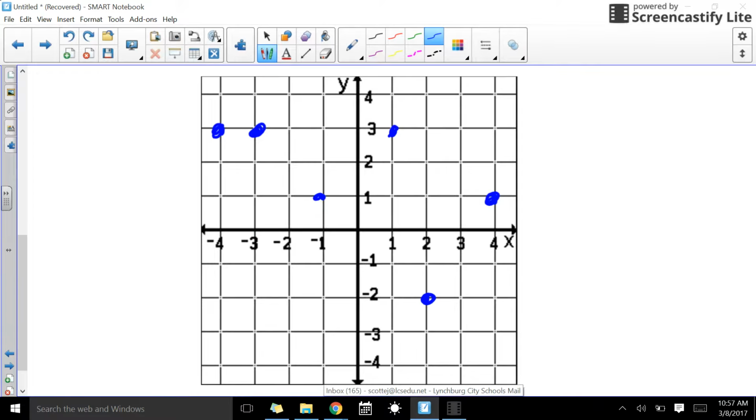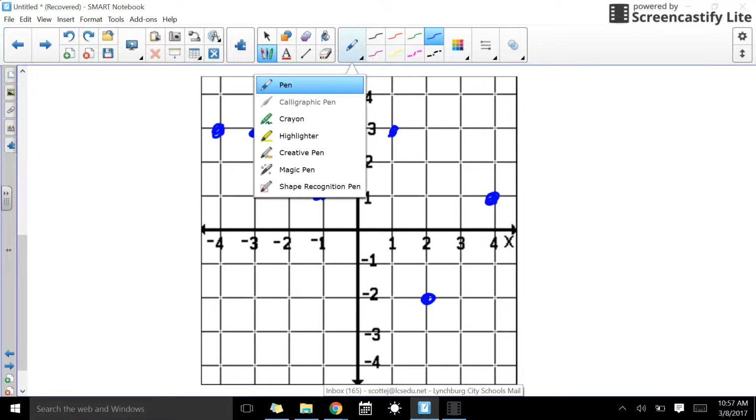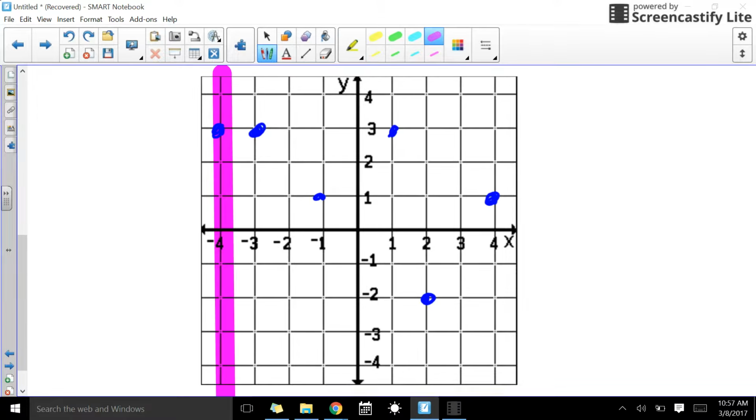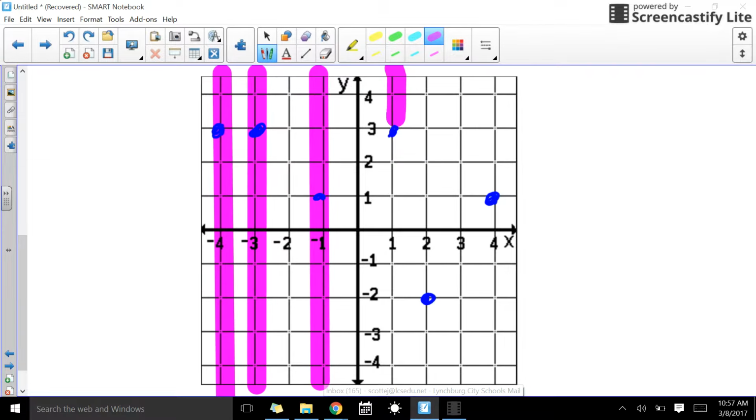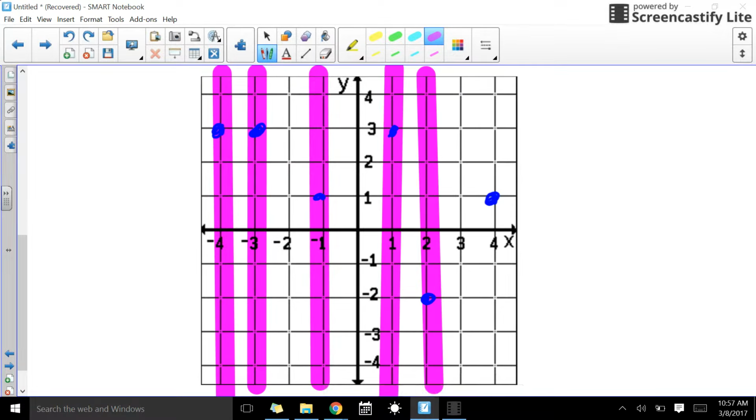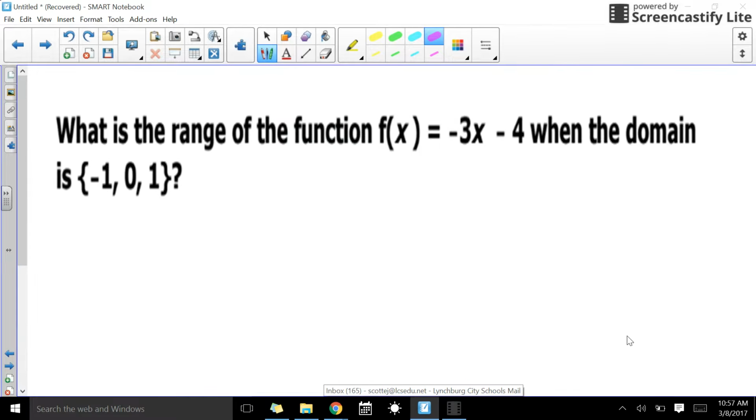Is this a function? Yes, because here, if I look, this only has one x value, this has one x value, that only has one x value, this has one x value, and this has one x value. Right? Moving on.